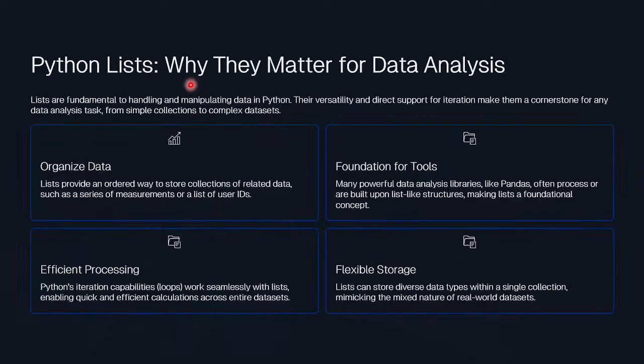Okay, so why is Python list important for data analysis? Let's remember what we learned in the previous two classes. For data analysis, we need data, we need organized data, and we need to process that data and perform calculations on it. Now, from a list we can organize the data.